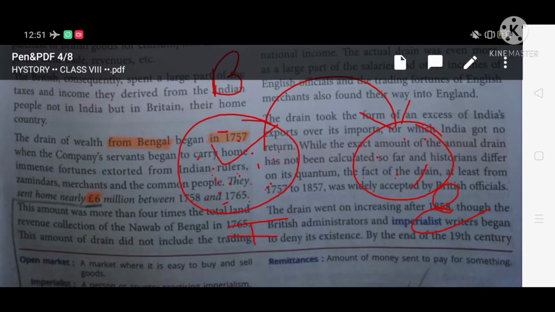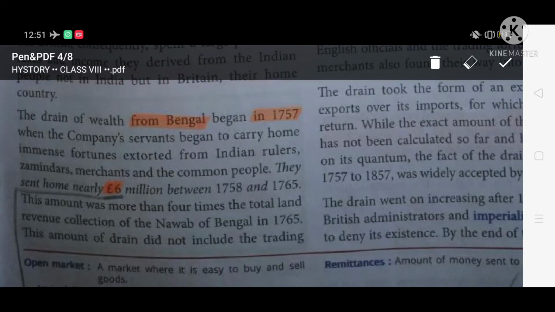The drain of wealth began from Bengal. How did it begin? The company's servants began to carry immense fortunes extracted from Indian rulers, zamindars, merchants and common people. They sent home a large amount of goods and exports from India to England from 1758 to 1765.